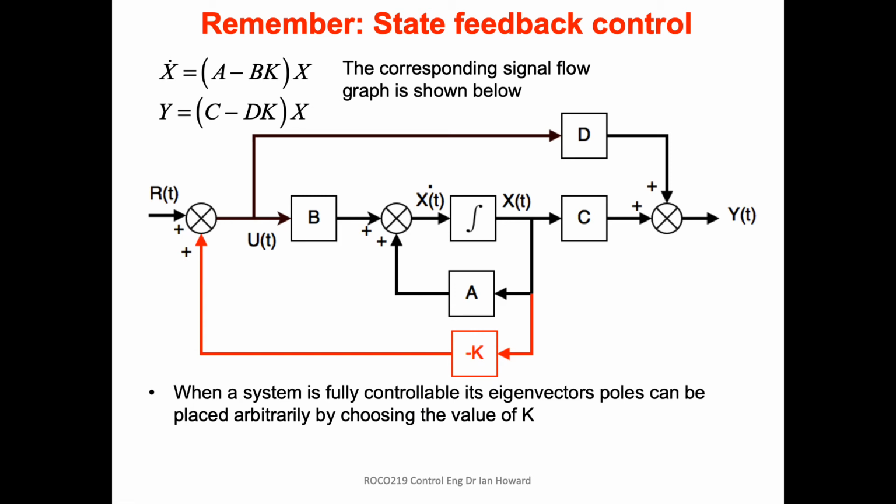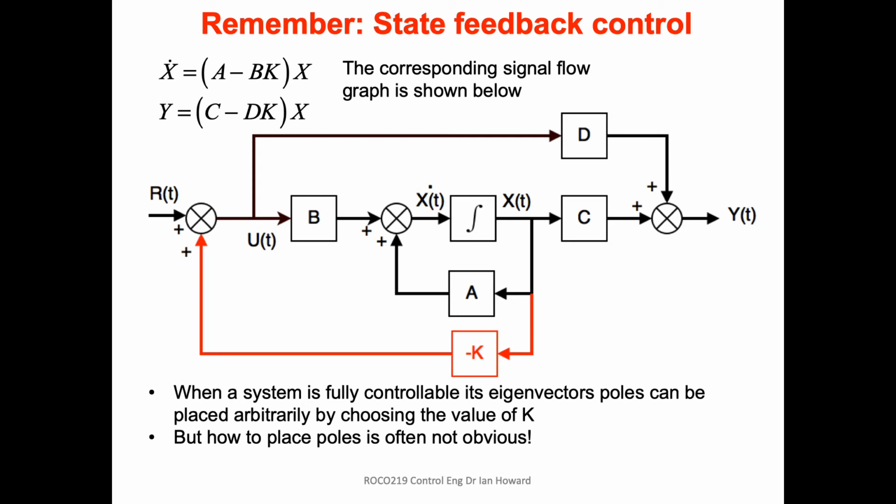When we're designing these systems using pole placement, we say, let's try to get a value of K to get poles or eigenvalues where we want them to be, which is fine and works well. But it's not immediately obvious where the poles should be in the first place. We know they've got to have negative real parts, otherwise the system will be unstable.